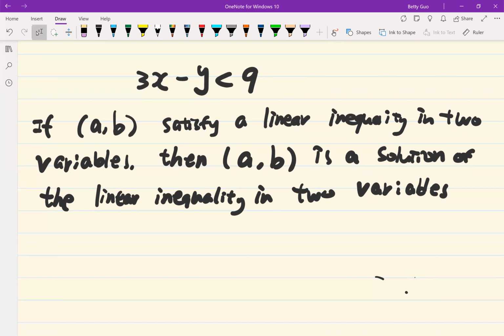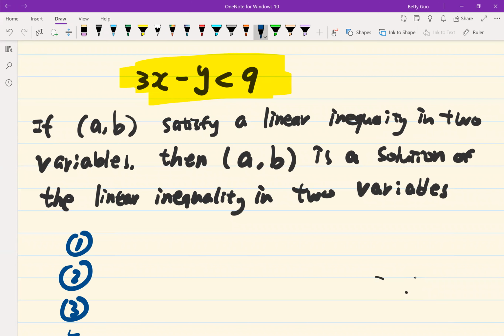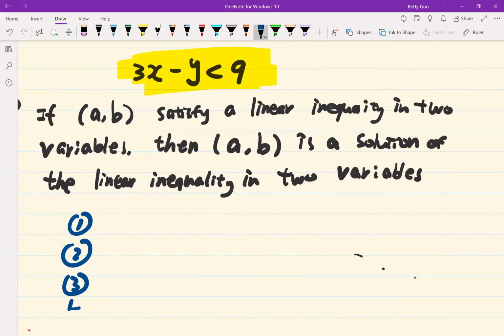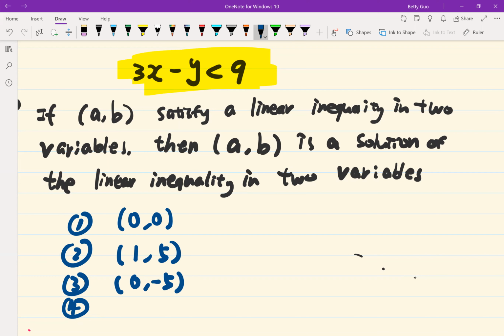Look at our inequality here: 3x minus y is less than 9. I'm going to give you a few ordered number pairs, and you help me determine which of them are solutions and which are not. So let's try this one first, and then let's try (1, 5), and then (0, -5), and then (10, -5).